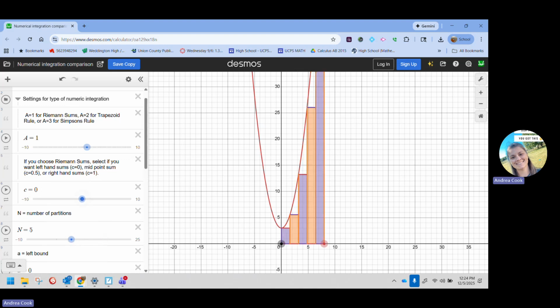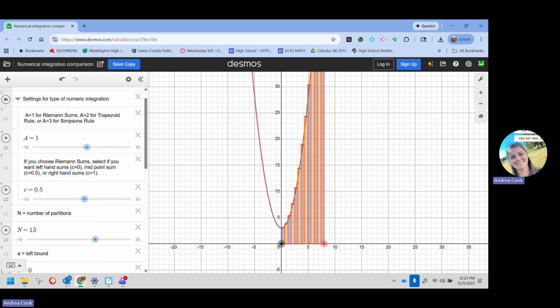Let's look at right. That is right. And then midpoint. Okay, so again, as I get more and more rectangles, the better the approximation.